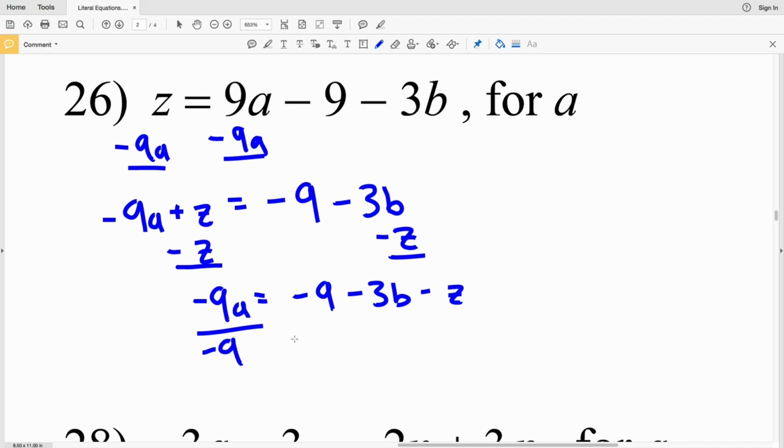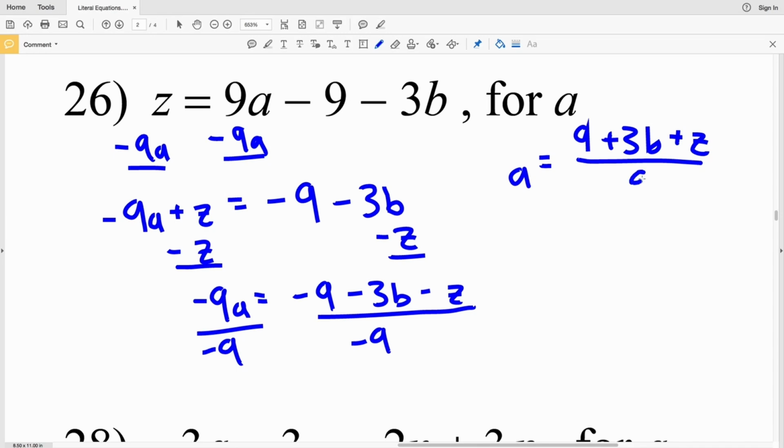Then I'm going to divide by a negative 9 to isolate the a. When I divide by a negative, a negative divided by a negative, remember, is positive, and all three terms in the numerator are negative, so we can rewrite them as a positive 9 plus 3b plus z all over a positive 9. So a equals 9 plus 3b plus z over 9.